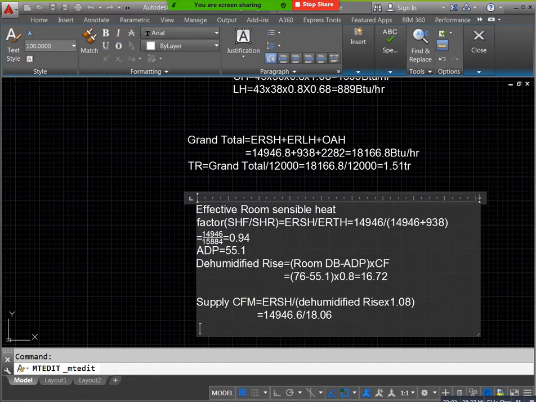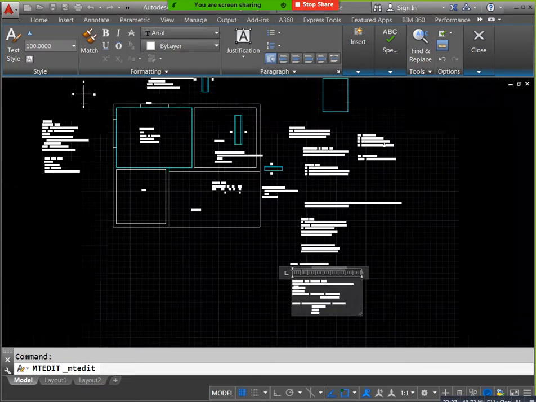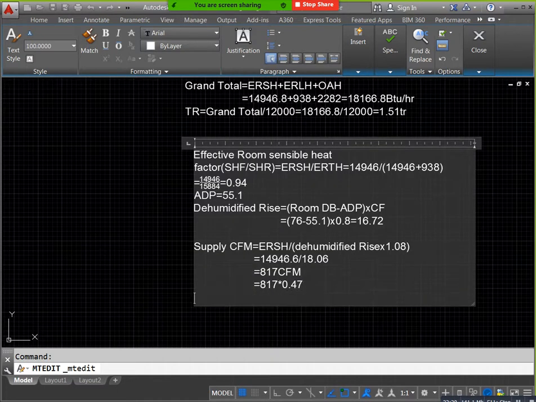Totally 388 liter per second. If you need CFM you can go with this, if you need liter per second you can go with this. Now you can see we completed all this.